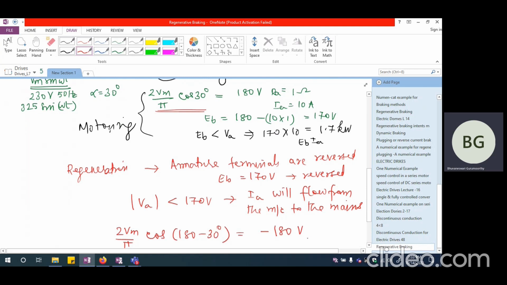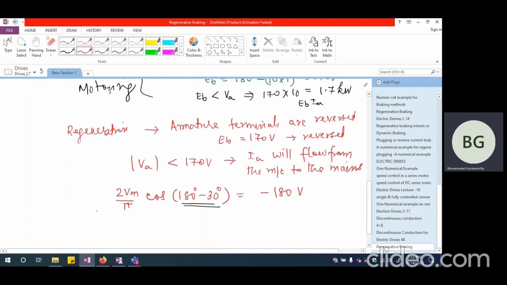This is what I'll be getting as the voltage. So if I just reverse the armature terminal and I also abruptly change the firing angle from alpha to 180 minus alpha, that's not going to do the job because VA is not going to be smaller than EB.